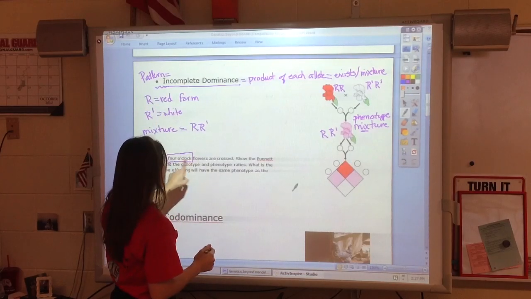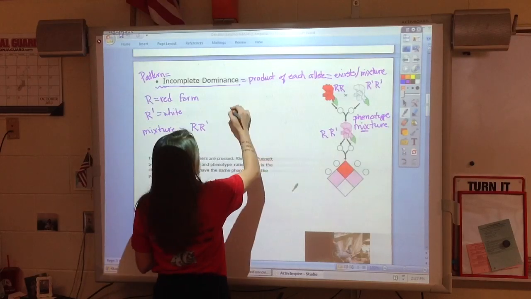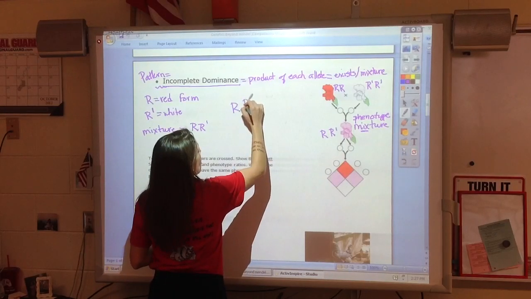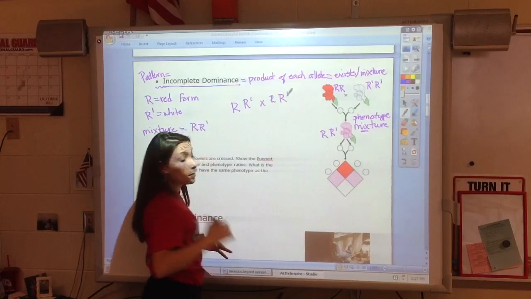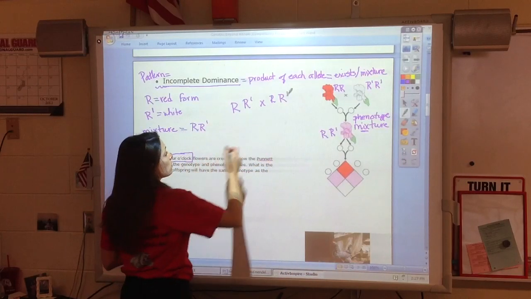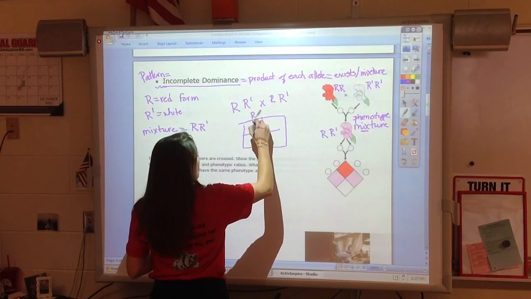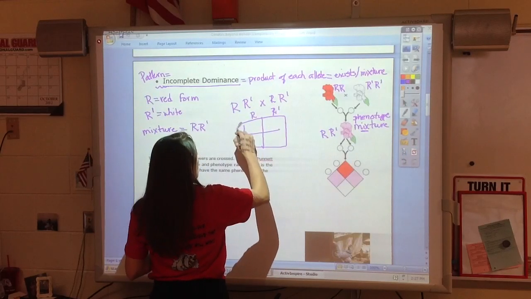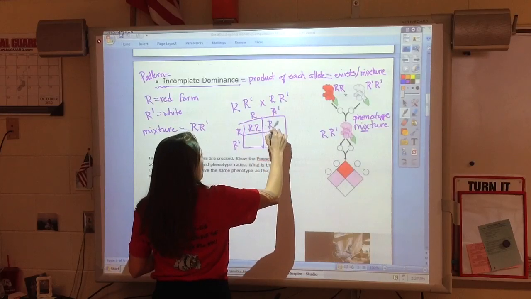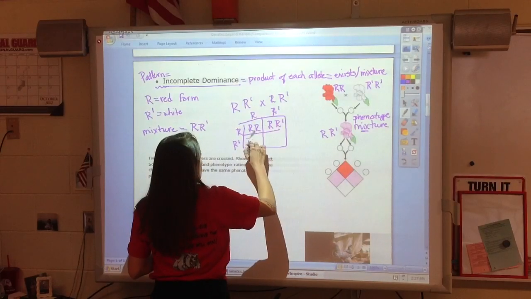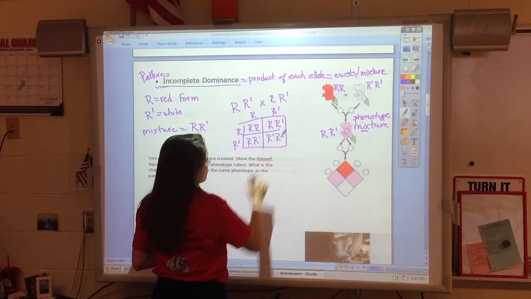If we work out this problem, two pink four o'clock flowers are crossed. R, R prime times R, R prime. Now you might be able to do this in your head, or maybe you want to fill out the Punnett square. R, R prime, R, R prime, R, R, R, R prime, R, R prime, R prime, R prime.